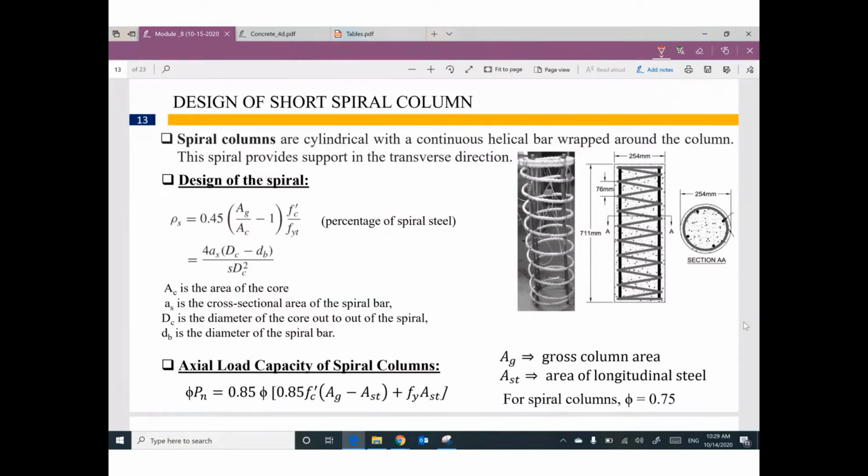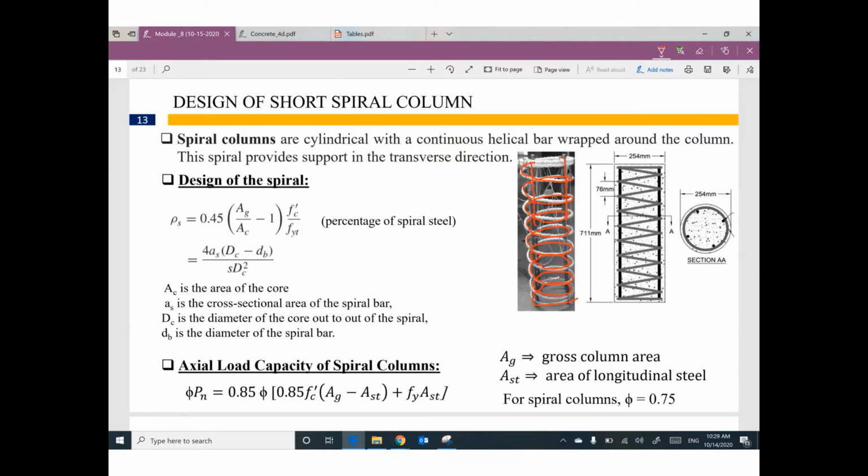Anyway, the shape is not the issue, but the shape of the transverse reinforcement. It's one unit, the continuity of the stirrups in a shape called spiral reinforcement. And we have vertical reinforcement, which is called longitudinal reinforcement.